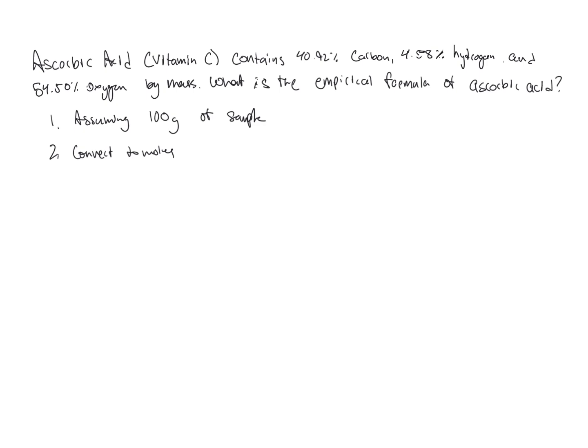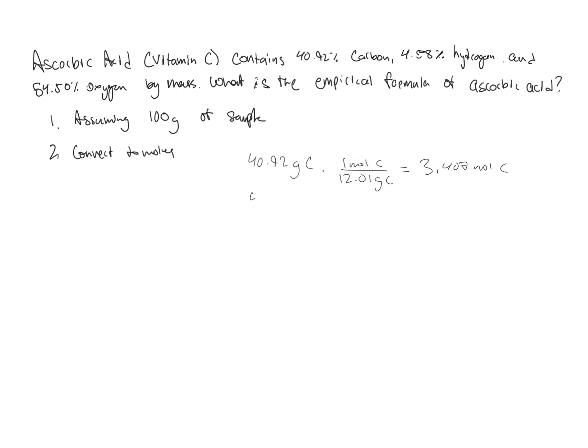And so for that, we would basically just take each of these percentages, and since we're assuming it's 100 grams, we would multiply 40.92 grams of carbon times, or divided by, the molar mass of carbon, which will be 12.01 grams of carbon per 1 mole of carbon. And that would get us 3.407 moles of carbon.